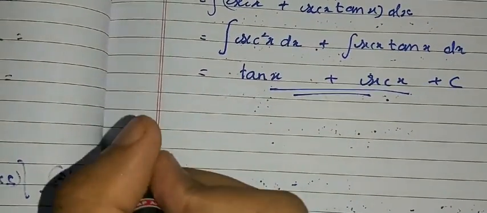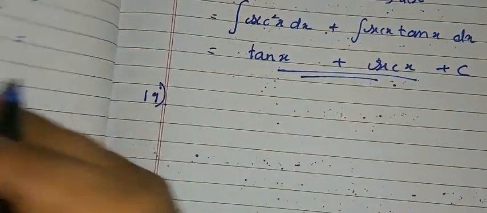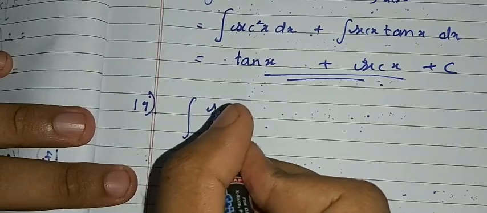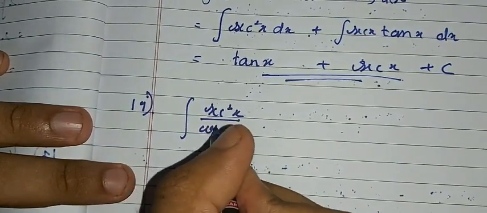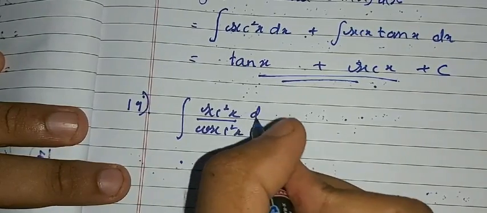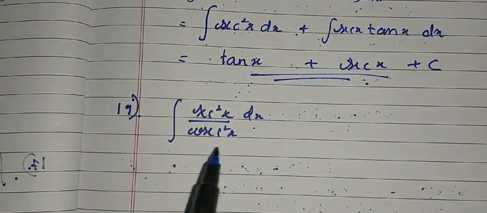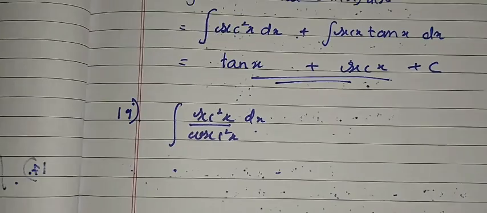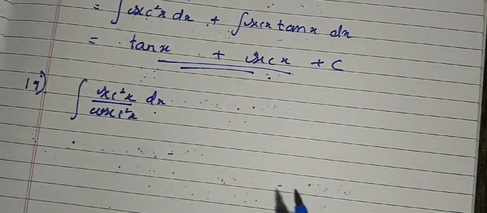Now we move on to the 19th question. Very easy exercise. So the 19th question: integral of sec square x by cosec square x dx. In this question, we should make a change for getting the correct answer. So in this question, what is sec square x?